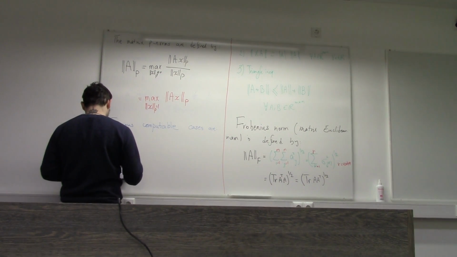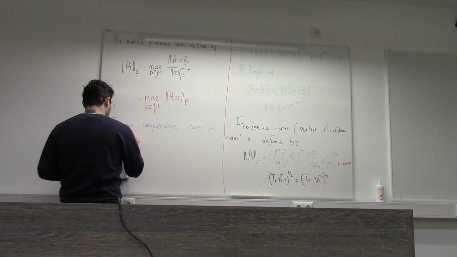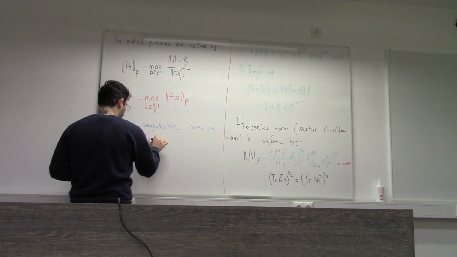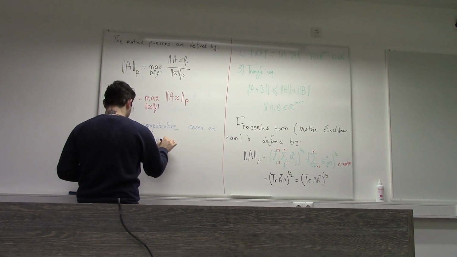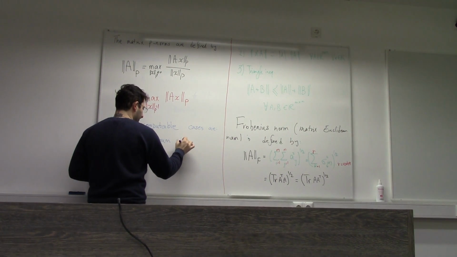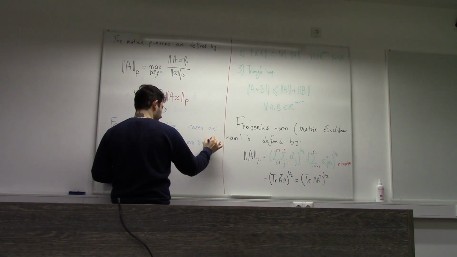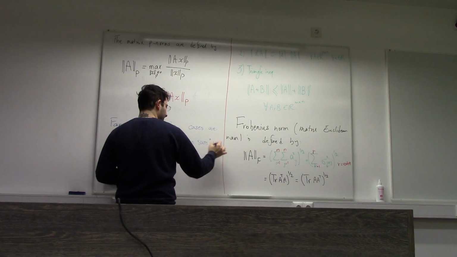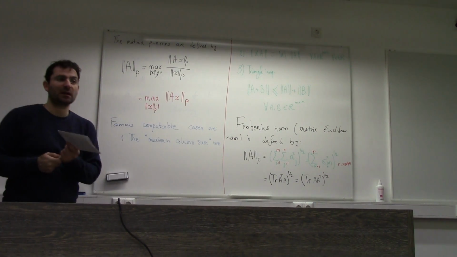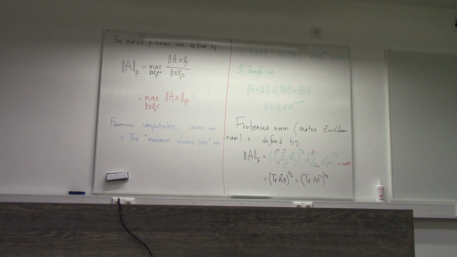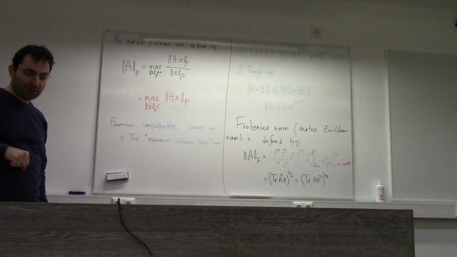First one, the maximum column sum norm. There is one of the norms which is called the maximum column sum norm. In other words, we are adding all the columns of the matrix and we are picking up the maximum one.